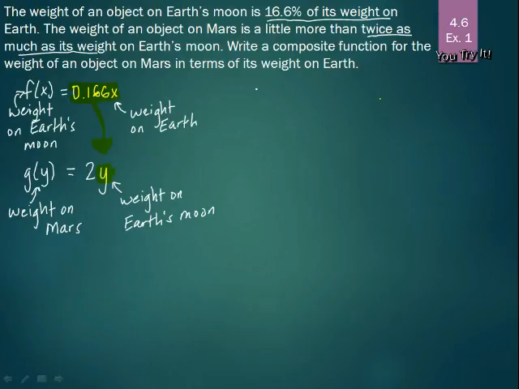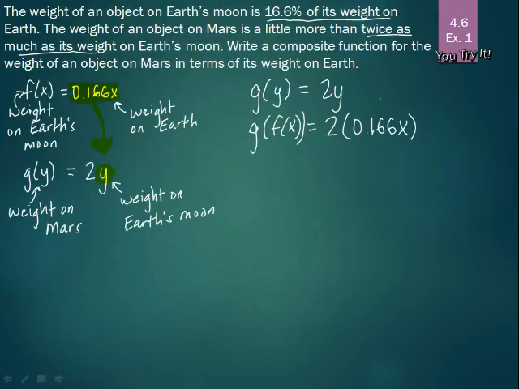Okay, so let's copy down again our g of y function. Instead of y, we're going to use f of x, so that we can get it in terms of x. Then we have 2, and instead of y we put our f of x function, 0.166x. I'll highlight those so it's really clear.